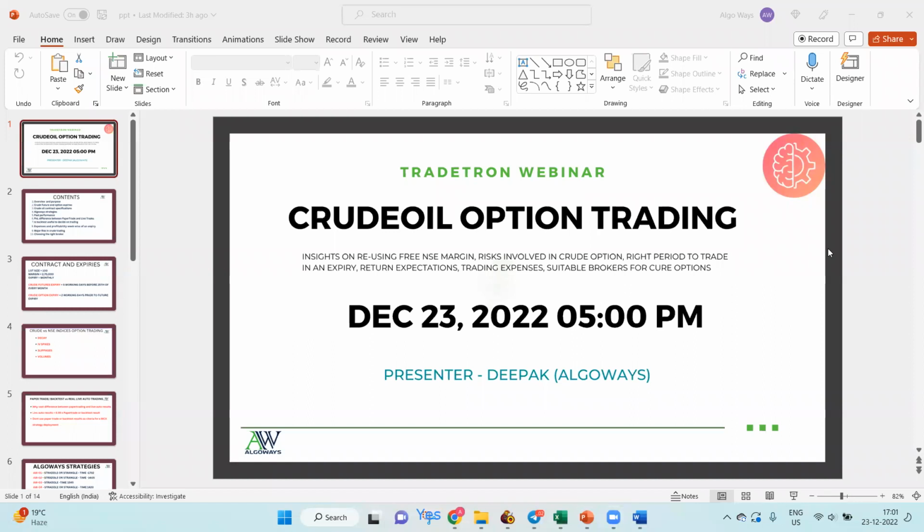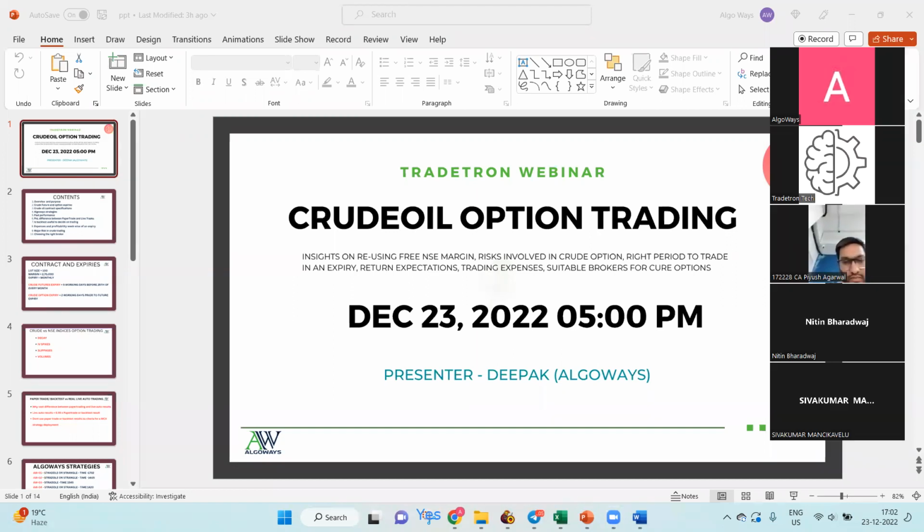So basically, the purpose of starting crude oil trading, the USP which it has, is that we can use the idle margin after NSE is closed. Because we know that in December 2020, the exchange and SEBI allowed the use of the same margin for NSE, MCX, and currency segments.